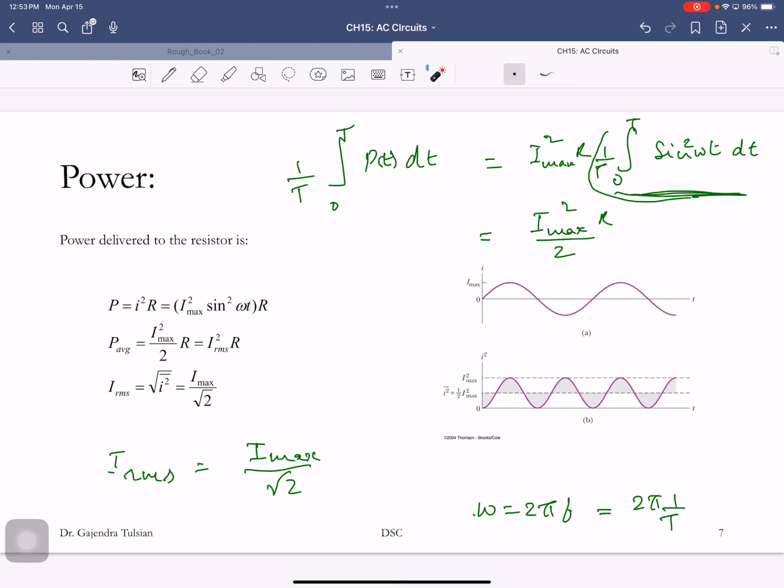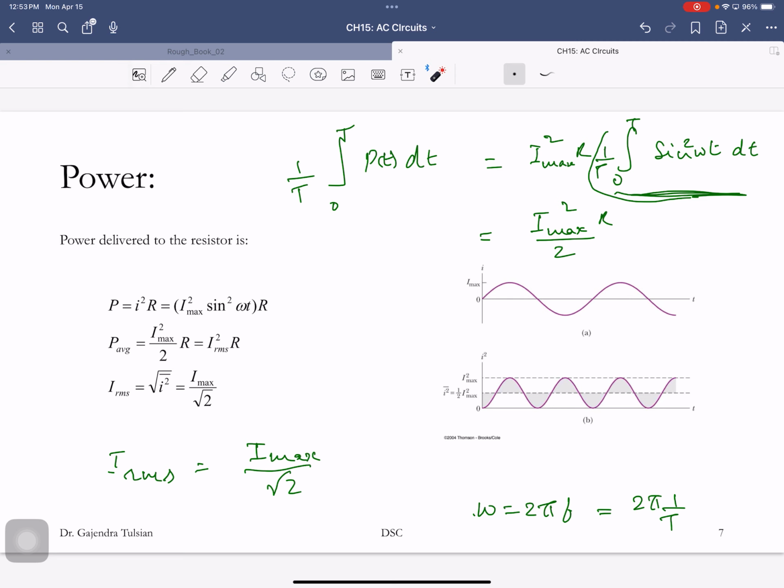For a sinusoidally varying quantity, you take the square of it, calculate the average value, and take the square root of that. So in AC circuits, we'll define RMS values so that your expressions look like DC expressions.